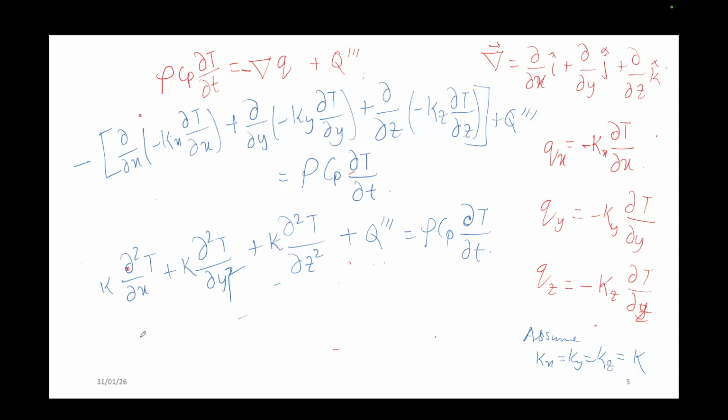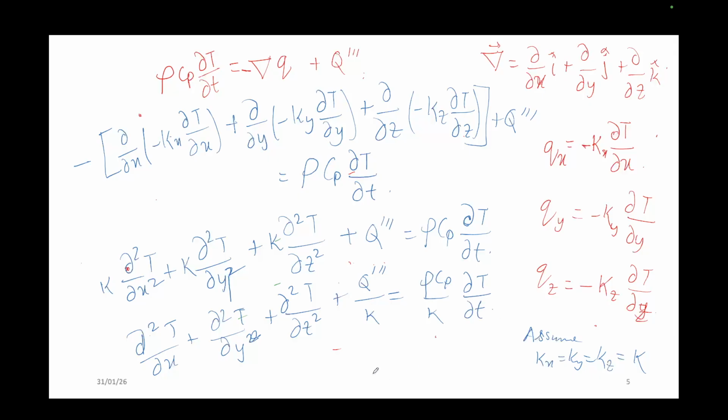Now if I divide it by k on both sides, what will I get? d square T by dx square plus d square T by dy square plus d square T by dz square plus q by k, rho cp by k. That will be the format.